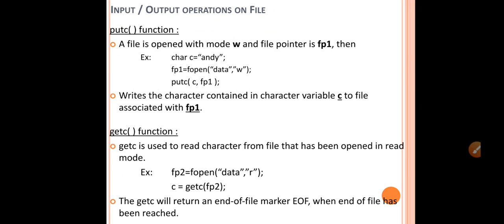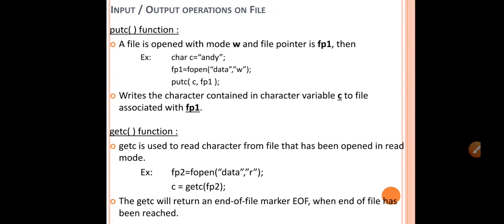So the getc function is used to read the content of a file, okay. getc is used to read a character from a file that has been opened in read mode. So for reading a character from a file, we have to open that file in read mode, okay. Let's see the example. fp2 equal to fopen data comma r, so c equal to getc fp2.